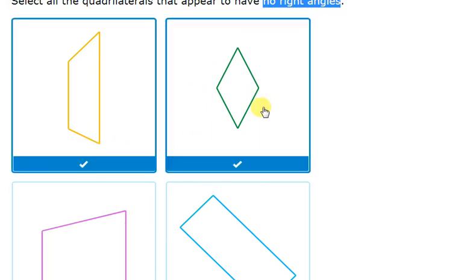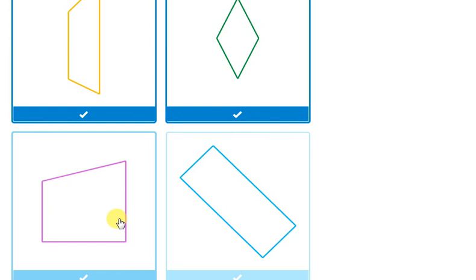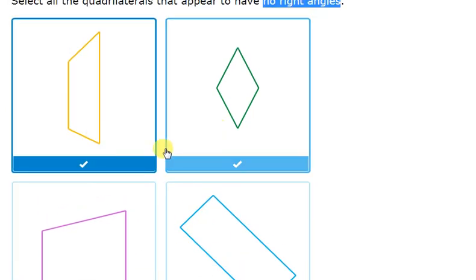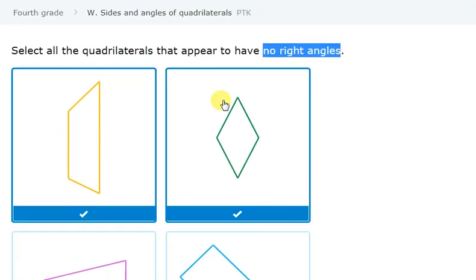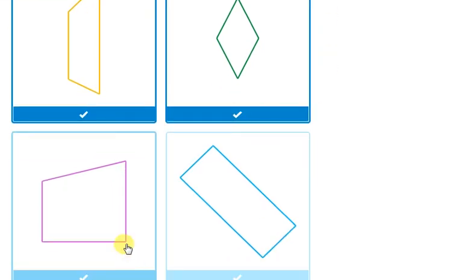It also does not have any right angle. It has two right angles in it, right? 1 and 2. So this could not be selected. Again, this one has four right angles, so we cannot select these two. So we can select these two because both of these do not have right angles in them.